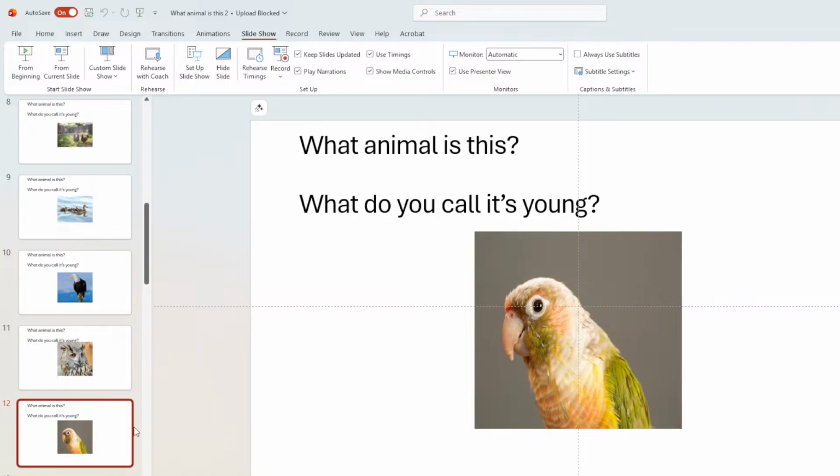Some people will say parrot, some will say parrot. It depends. Pronunciation differs as long as we converge on spelling. So that's a parrot.